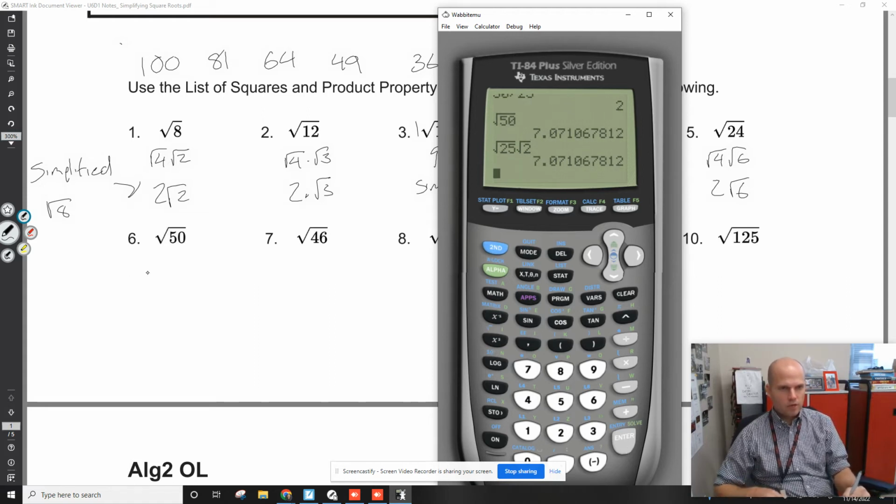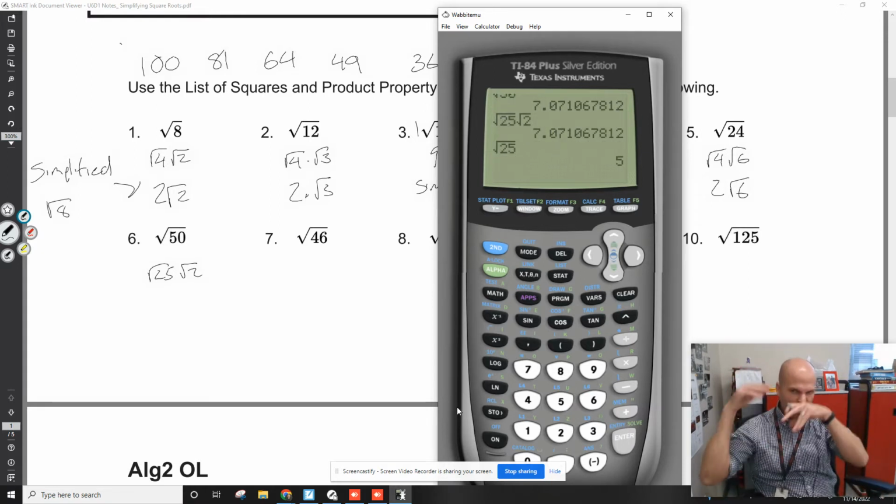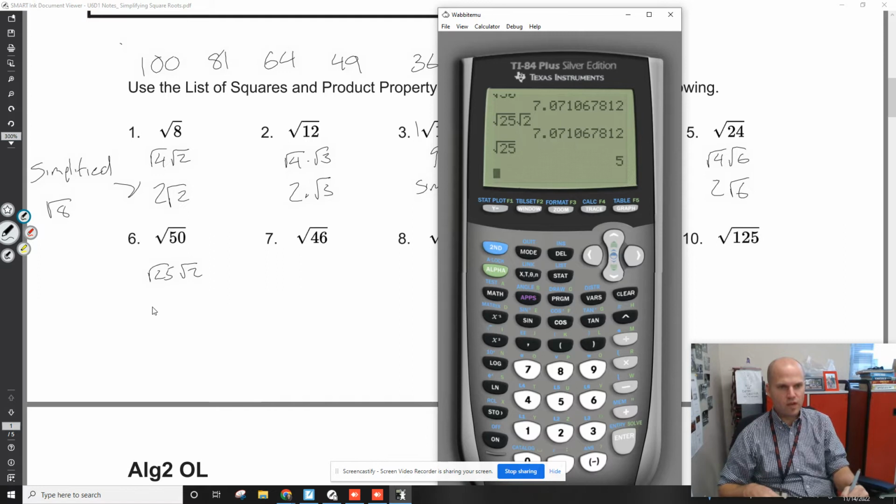Okay, so root 25, root 2. The square root of 25 is going to be a perfect number. We're undoing the square. 5 squared is 25. The square root of 25 is 5. The square root of 2 is a decimal. So I leave this as 5 times the square root of 2.